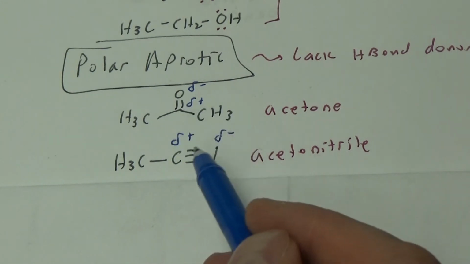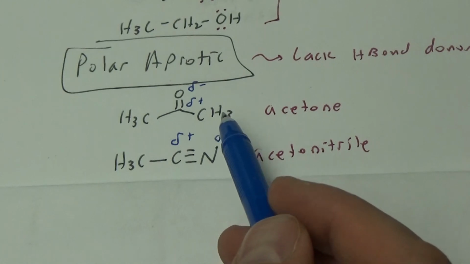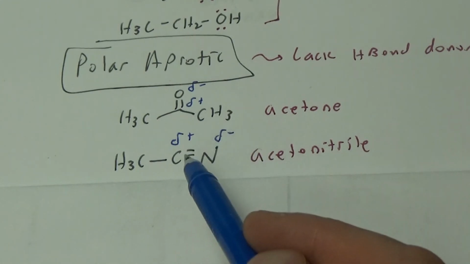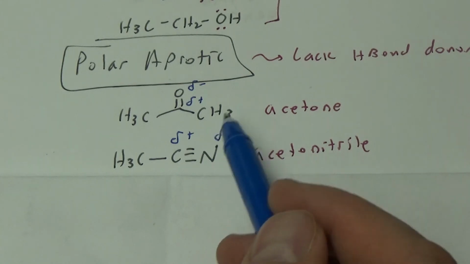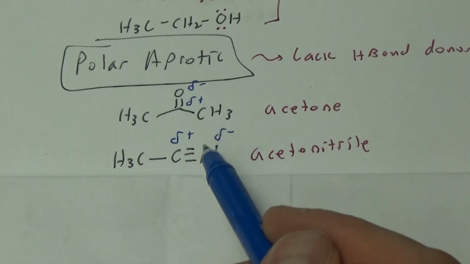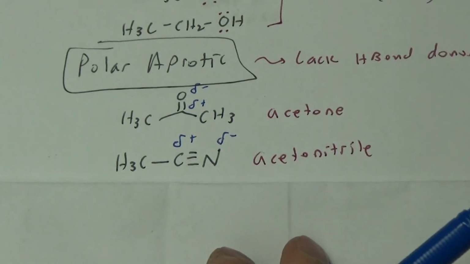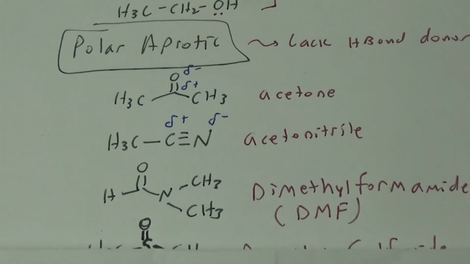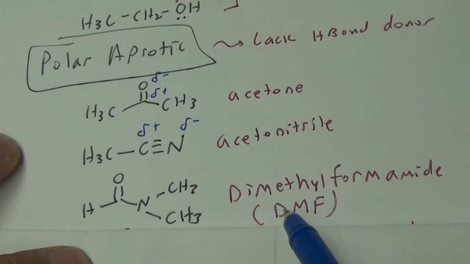We're not using them as reactive reagents right now, but in later chapters, we're going to talk about the reactivity of ketones and nitriles. Might be organic too, actually. But yeah, these are totally reactive if nucleophiles, for example, can attack them. But that's not this chapter. Another important one is called DMF, dimethylformamide.